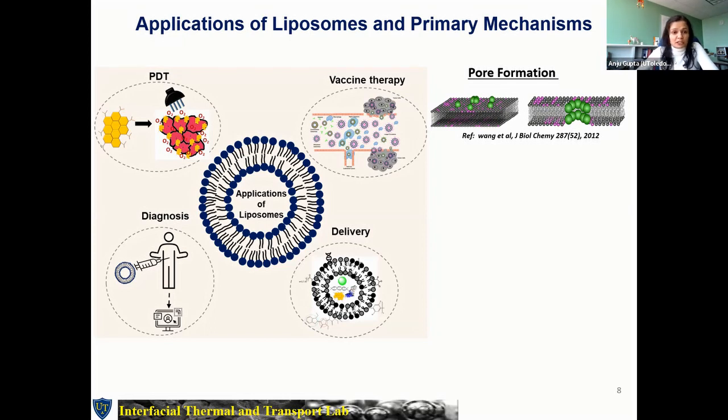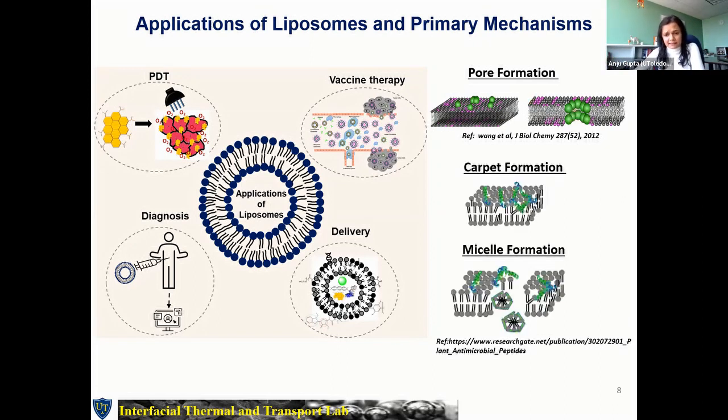The first one is pore formation. You have your peptides that bind on the lipid surface, and they insert deep into the bilayer or the plasma membrane. They form channels or pores, and they disintegrate the membrane.